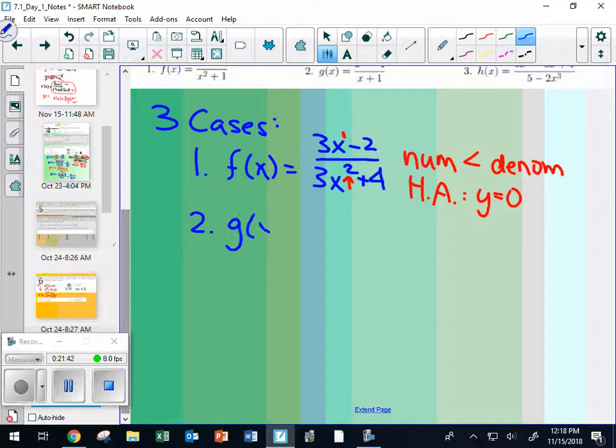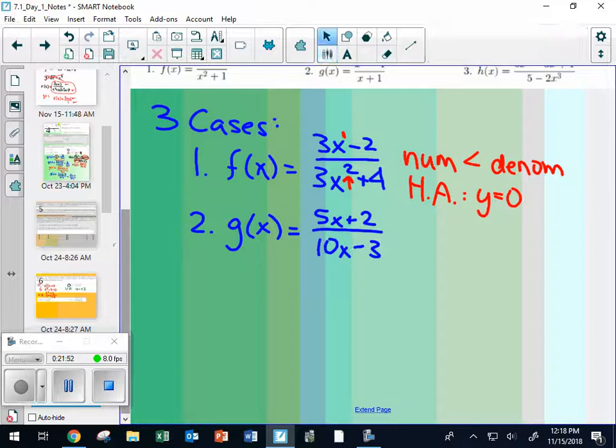If instead we had a function that was 5x plus 2 over 10x minus 3, what do you notice about the degree of these two polynomials? This is 1, and this is 1, so they are equal.